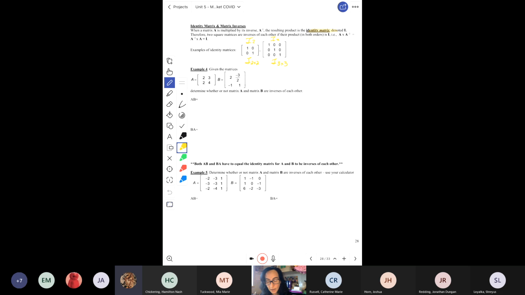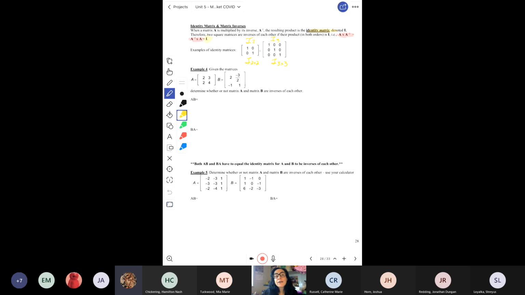They have ones on the main diagonal, zeros everywhere else. We said if we multiply a matrix by the identity, it's like multiplying by 1. Well, guess what? If I take a matrix and I multiply it by its inverse, I am going to get the identity matrix.